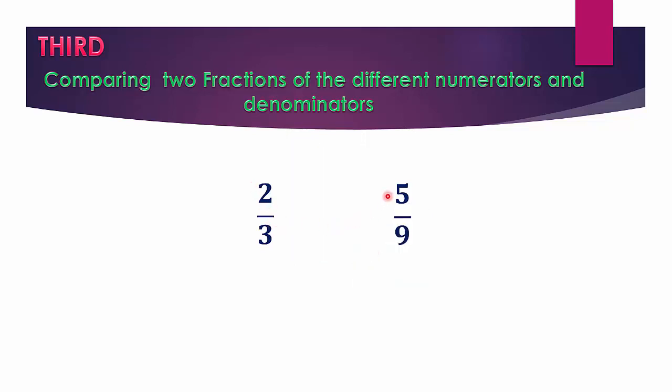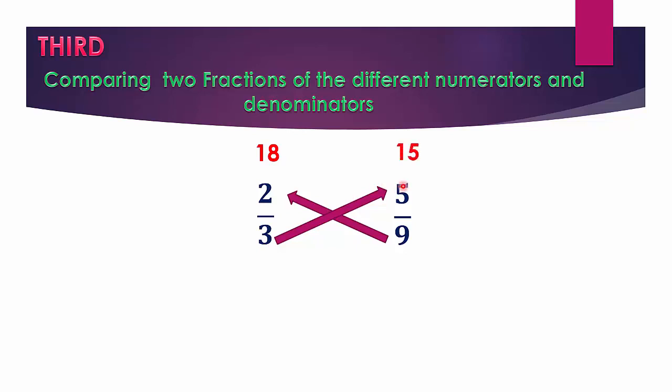I have different numerators and different denominators. What can I do, teacher? I'll make cross multiplication. Cross what? Cross multiplication. I will take 9 times 2 equals 18 and 3 times 5 equals 15.